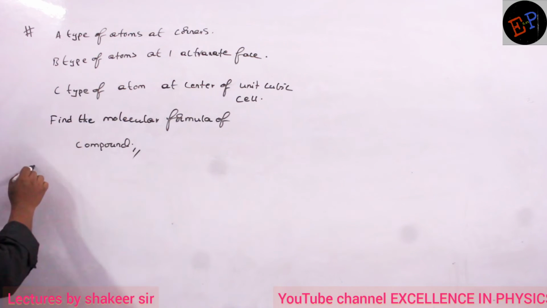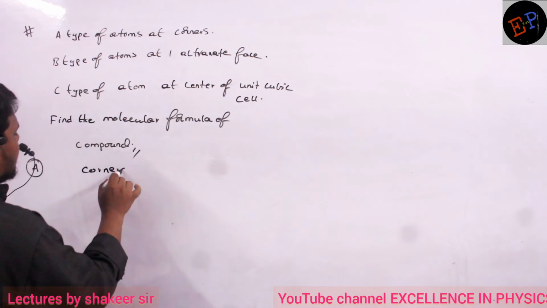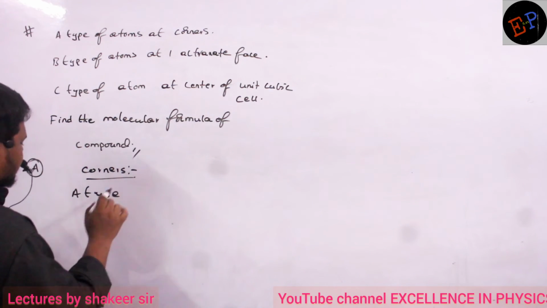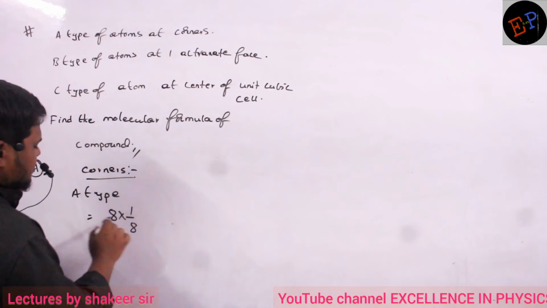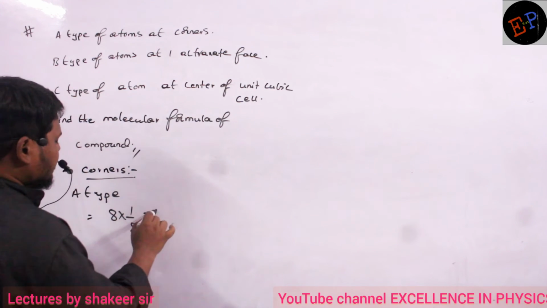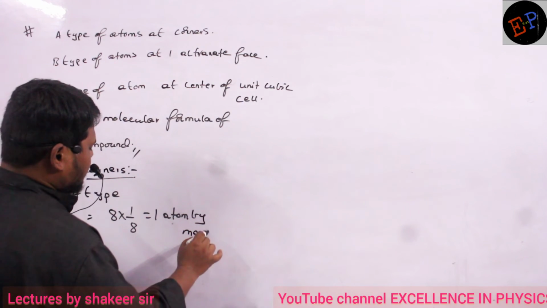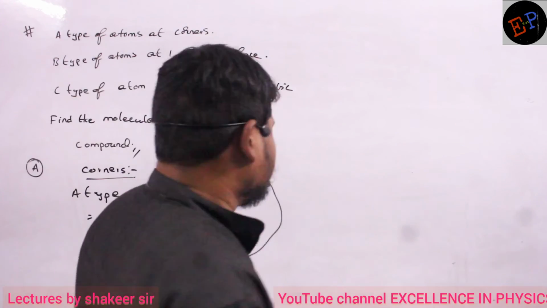Now let us see. At corners, which atoms are present? A type of atoms are present. At corners, totally 8 will be there, and the contribution is 1 by 8. So 8 into 1 by 8 is 1 atom by mass enclosed by the unit cell when atoms are present at the corners.